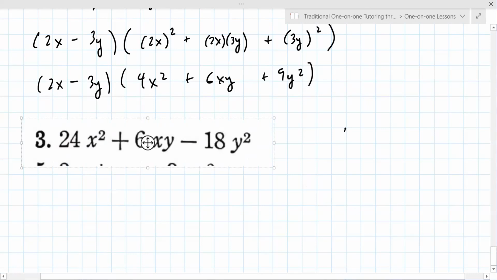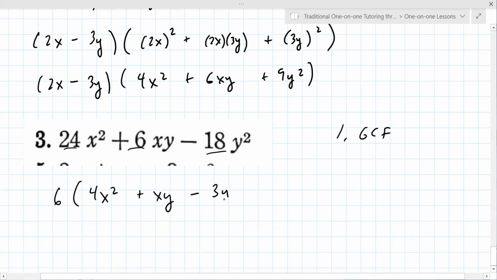Okay, the very first type of factoring you always do is GCF. So your GCF here is the number 6. So you have 6, 4x squared plus xy minus 3y squared.